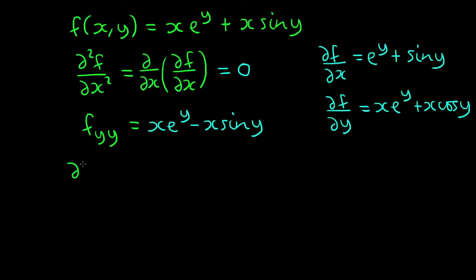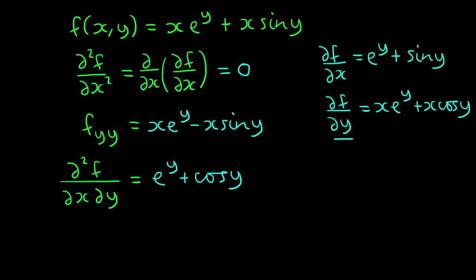And suppose we want the second order partial derivative of f with respect to x and with respect to y. Well, we'll first differentiate with respect to y, which we've done here, and then differentiate the result with respect to x. So we get e to the y plus cosine y. And suppose we want the second partial derivative of f with respect to y and x.